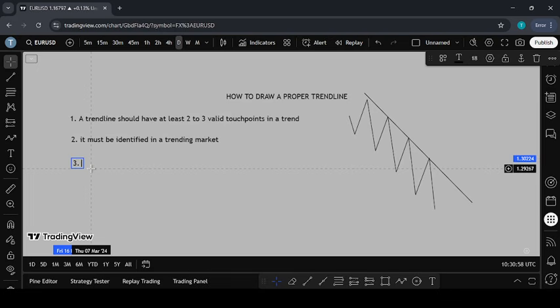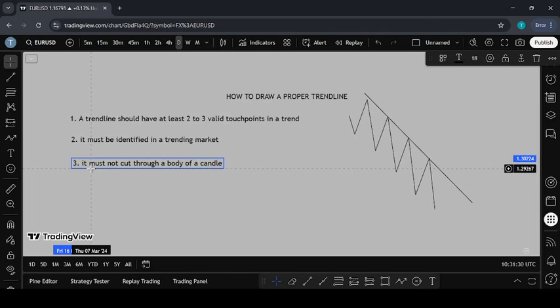I draw my trend lines majorly using the wicks of the candles. I can cut through the wicks of the candles, but I cannot cut through the body. For me, it must not cut through the body of a candle.